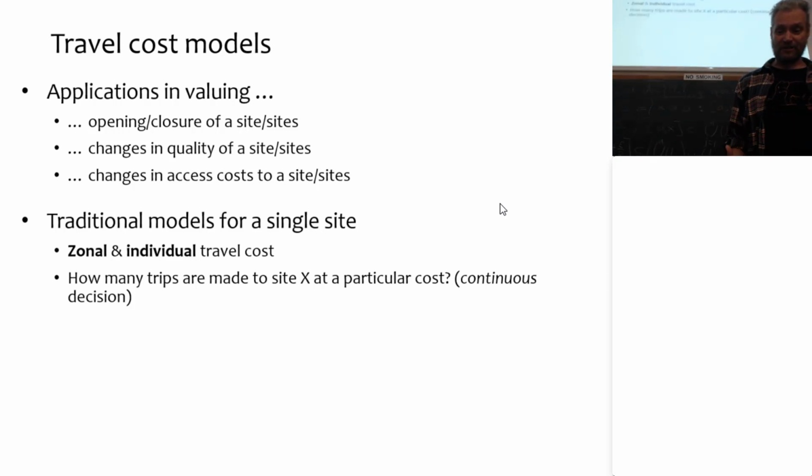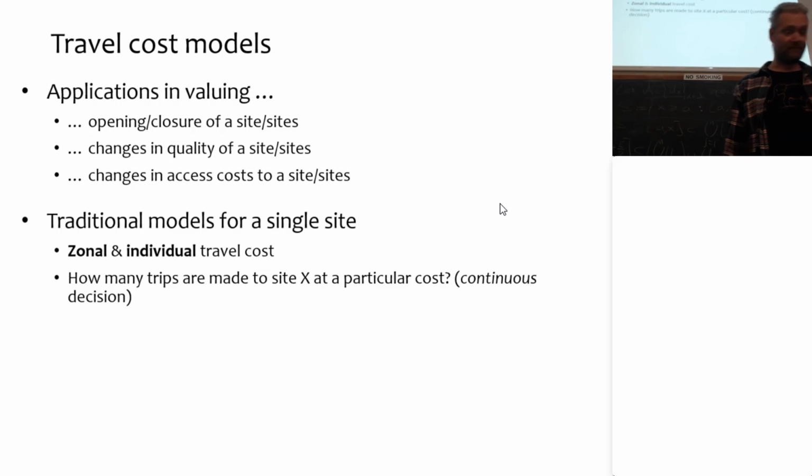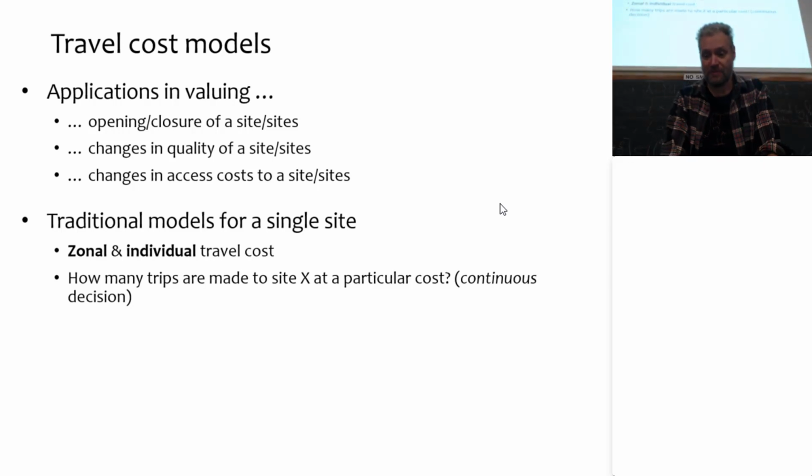And this can be done for single sites or for multiple sites, and it can be done through zonal methods or individual methods. And you can look at a number of trips and so on and so forth.